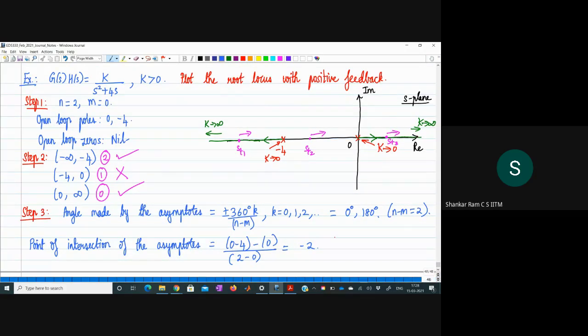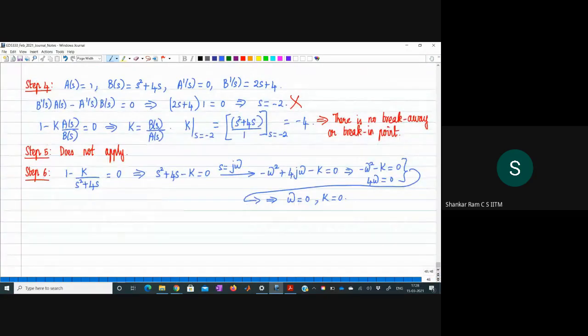That means s equals 0 is the crossover point, which is also the open loop pole. So the root locus does not cross the imaginary axis at any point other than when k tends to 0. So s equals 0 is the crossover point when k is equal to 0. That is the end result.